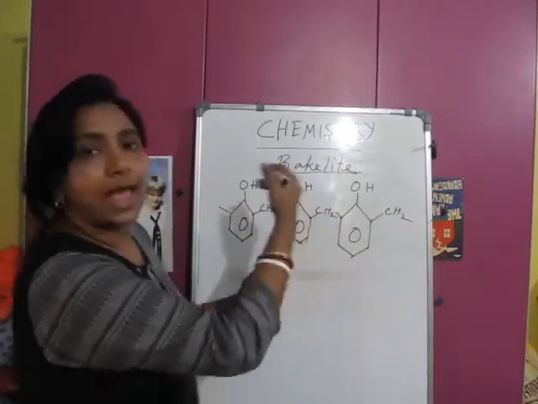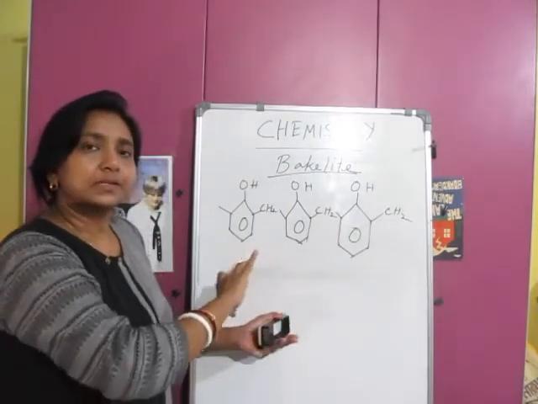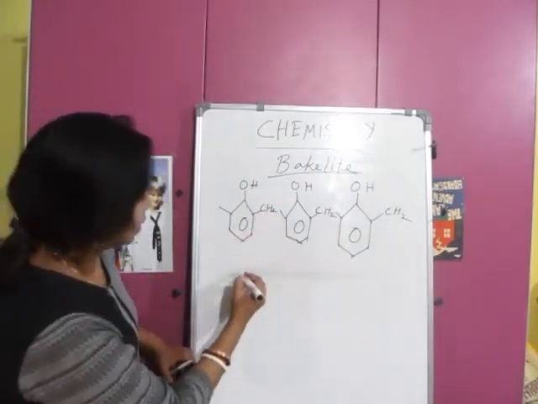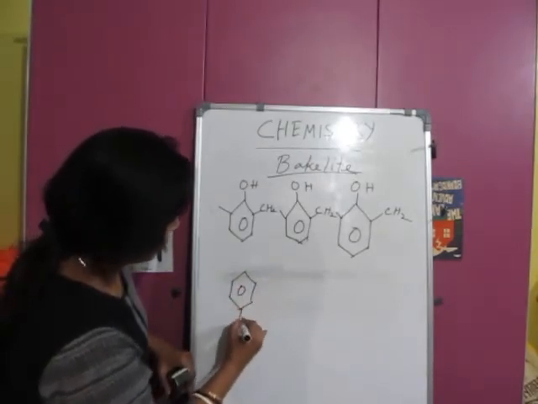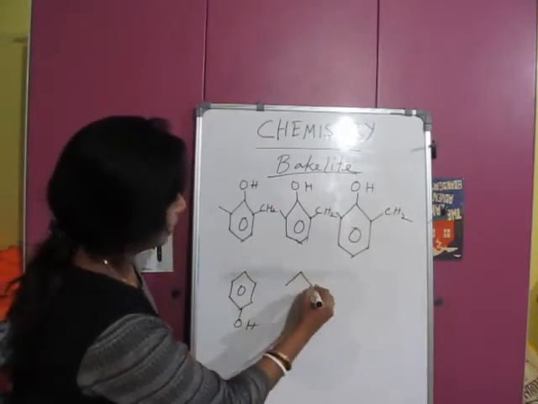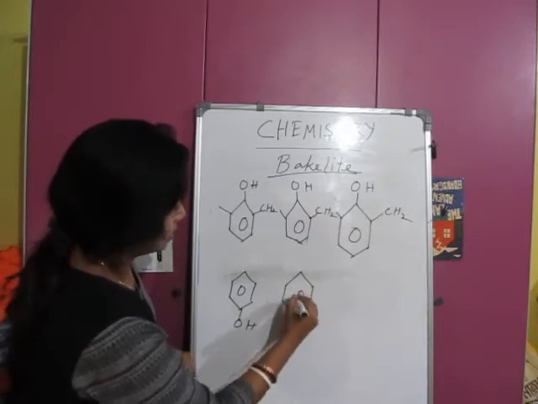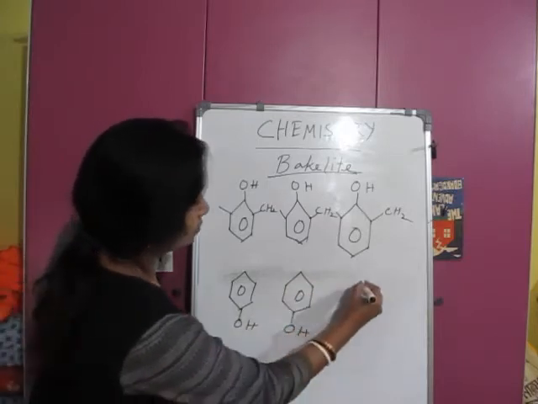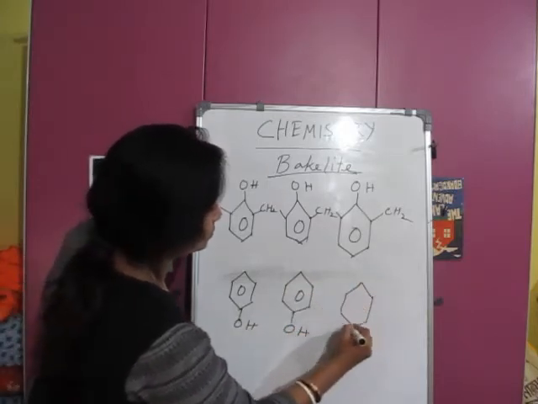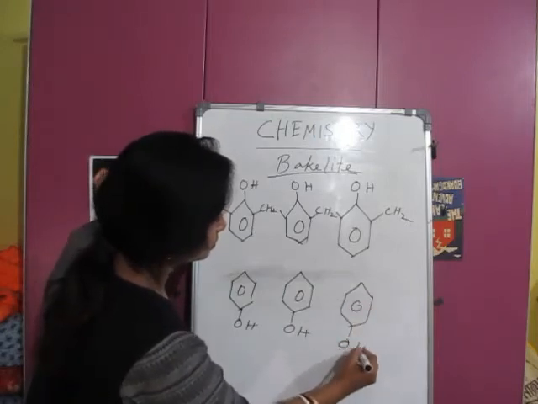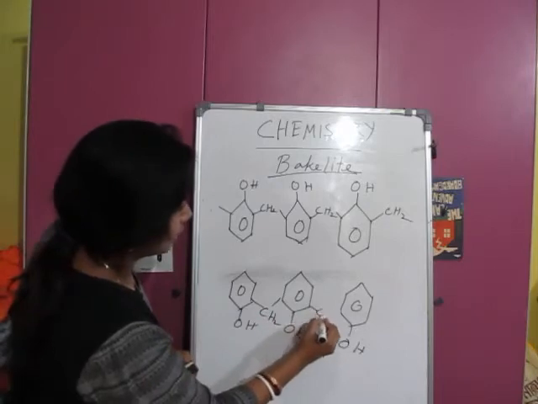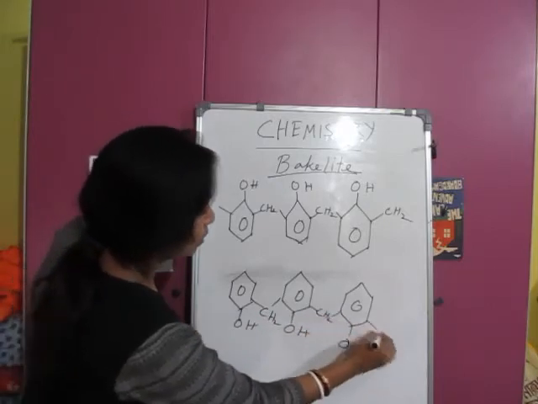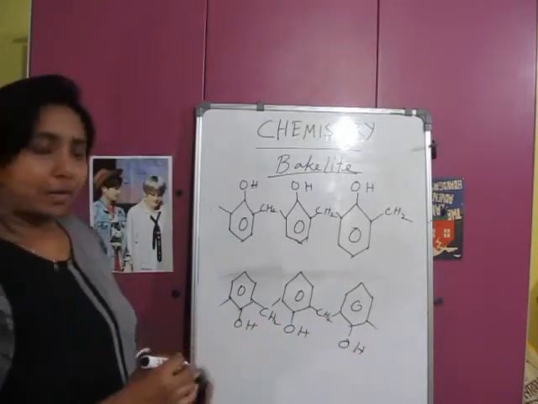I will draw another chain, just the direction will be the opposite, like this. Phenol, that is phenol, now joined by CH2, which is coming from formaldehyde.